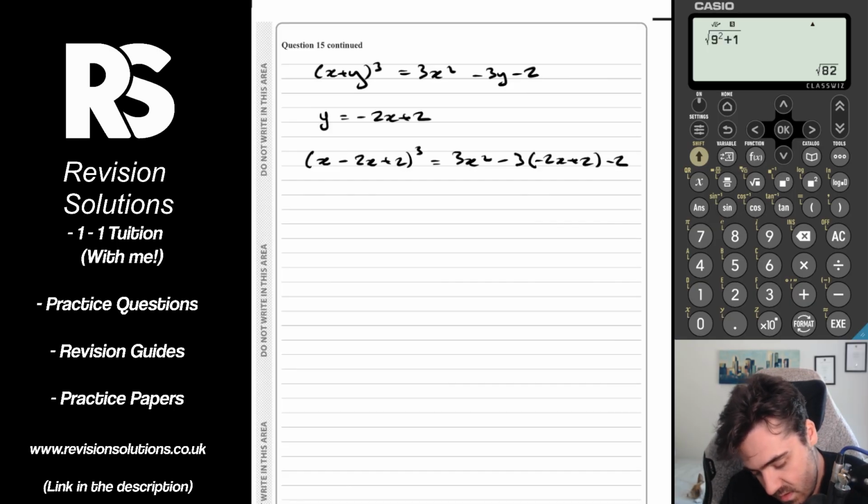minus another 2. Simplifying that down, we would have 2 minus x cubed on the left. And on the right, we would get 3x squared, plus 6x, and then a minus 3 times 2, that's minus 6, minus another 2 is minus 8.